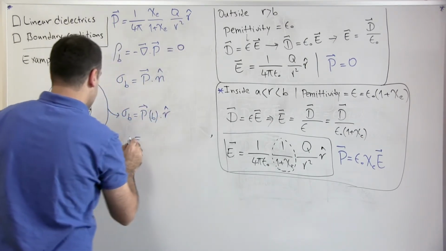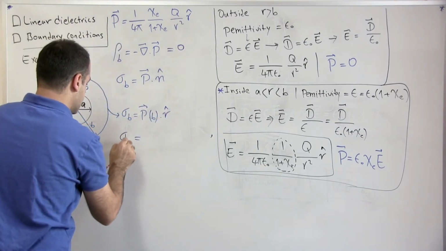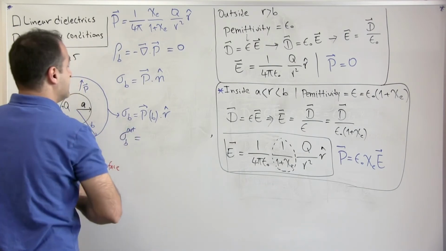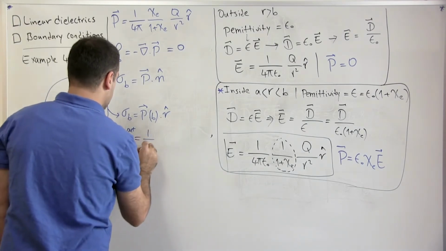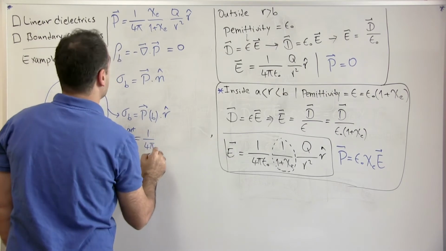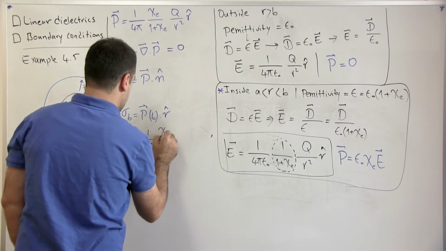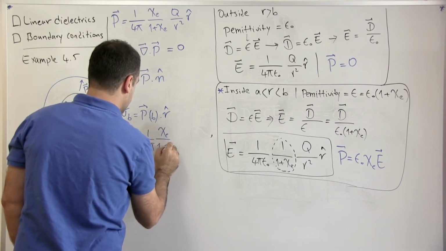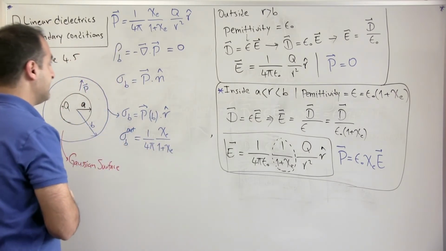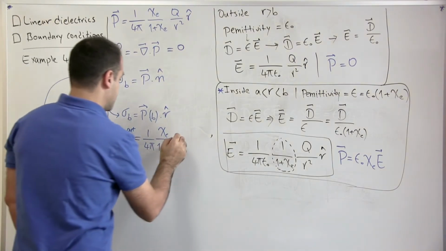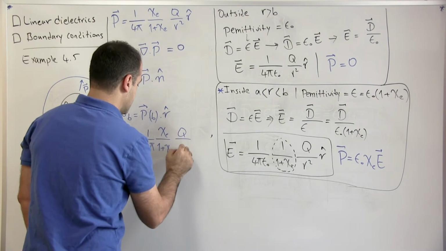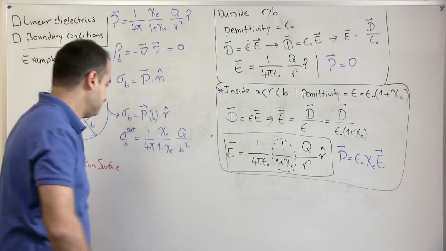So what we get as the surface charge density, sigma B, at the outer surface is 1 over 4 pi times chi E divided by 1 plus chi E, times Q over B squared.